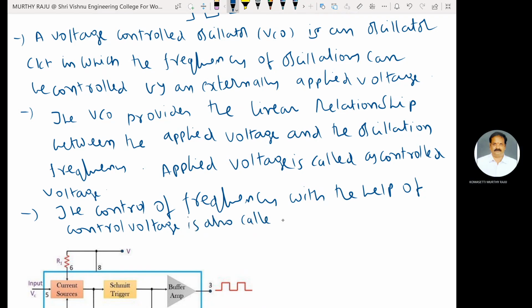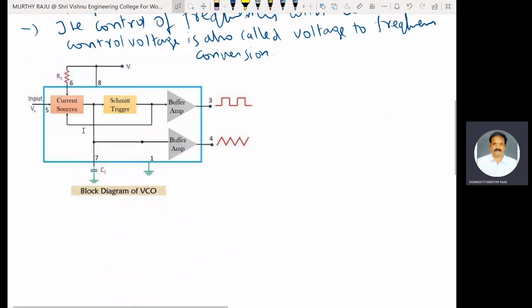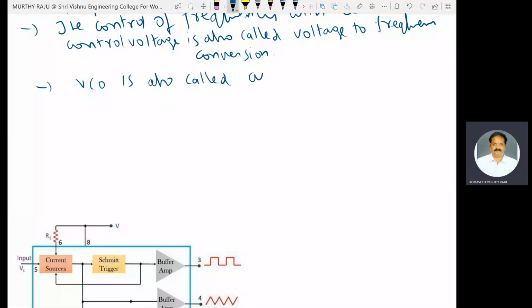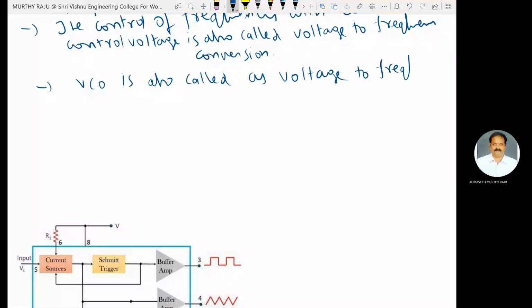Hence, another important point: the VCO is also called a voltage to frequency converter.